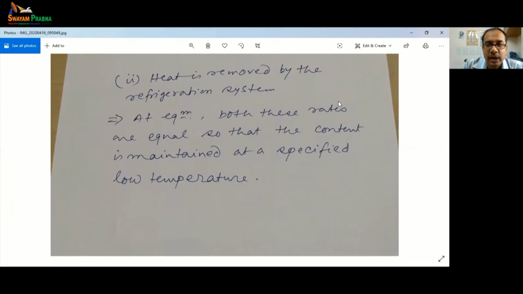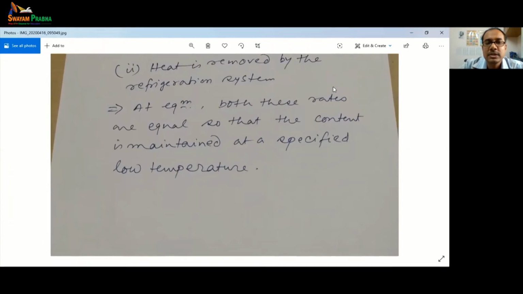So ideally at equilibrium both these rates are equal, so that the content is maintained at a specified low temperature. Suppose you want to keep it at 5 degrees centigrade, the can of milk. So at that equilibrium, whatever heat is getting added from the room and whatever heat is getting extracted by the refrigerator, both of them match, and that's why the temperature is maintained.